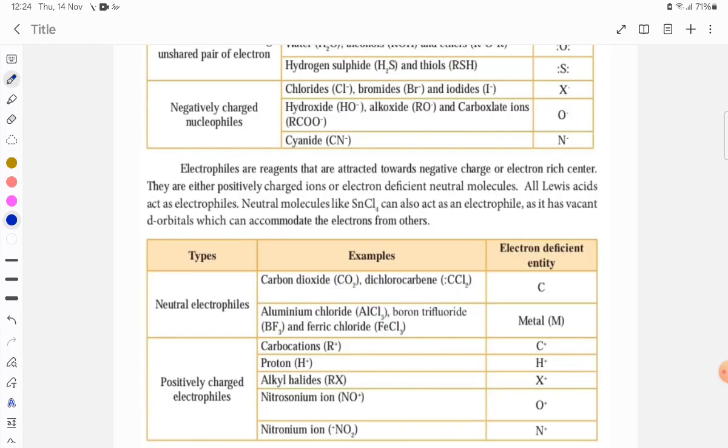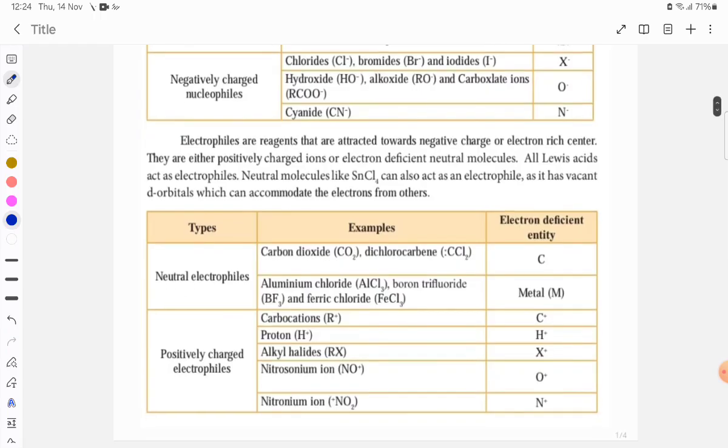Now we are going to discuss neutral electrophiles. First, carbon dioxide and dichlorocarbene, the formula is CCl2. Carbon has an unshared pair of electrons, but here carbon requires electron density, that is, carbon is an electron deficient molecule. And aluminum chloride, boron trifluoride, and ferric chloride.